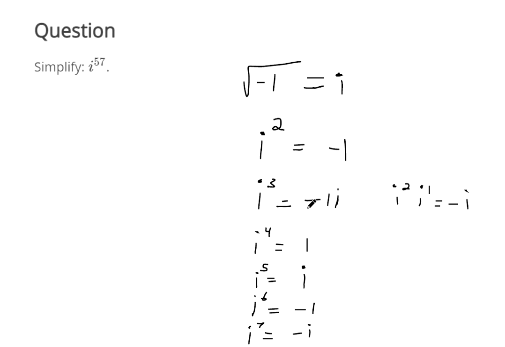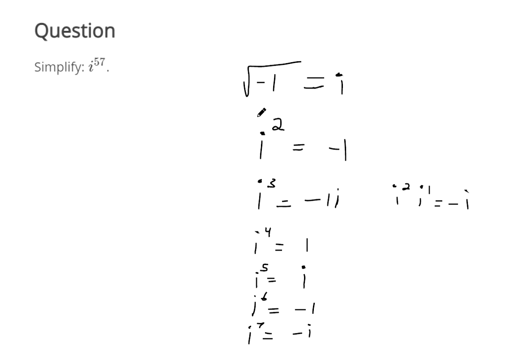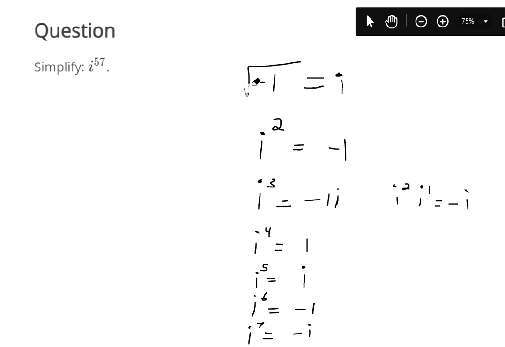So the whole point of writing these out is that you can see that if you just take the power and divide it by 4, whatever the remainder is tells you the answer. If the remainder is 1 on the power after you divide by 4, then it's just going to be i. If you do the power divided by 4 and the remainder is 2, it's -1.